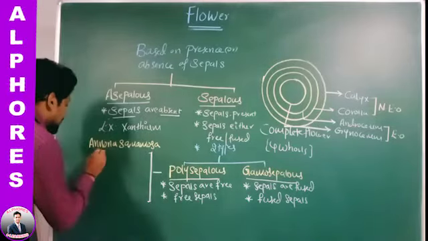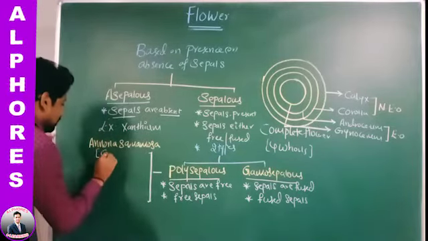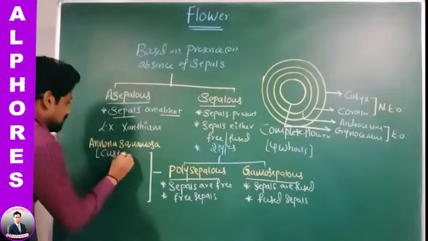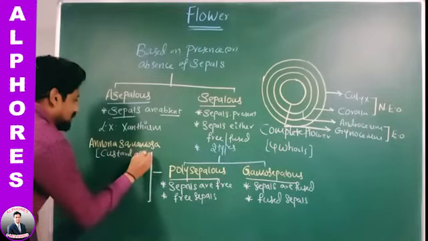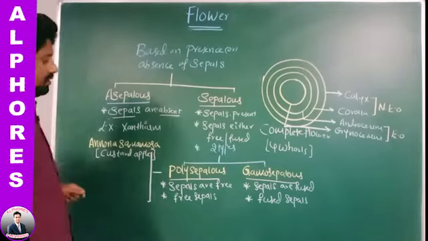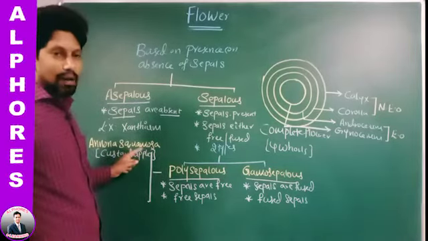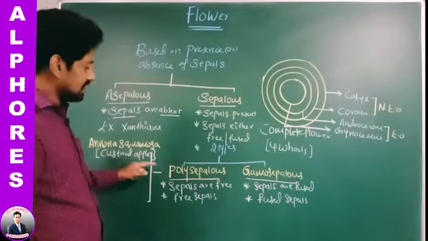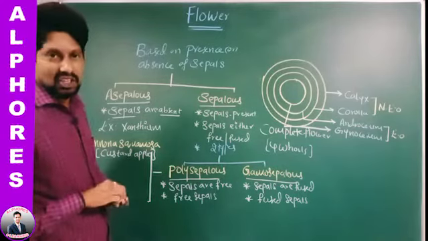What is the common name of Annona squamosa? Custard apple. Therefore, Annona squamosa, that is custard apple, is an example for polysepalous condition.